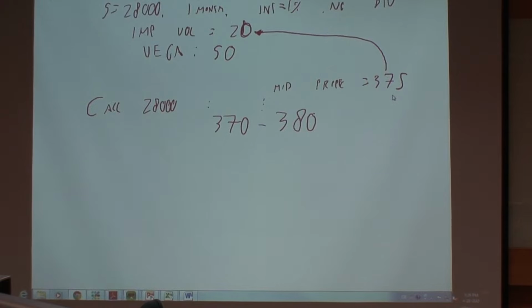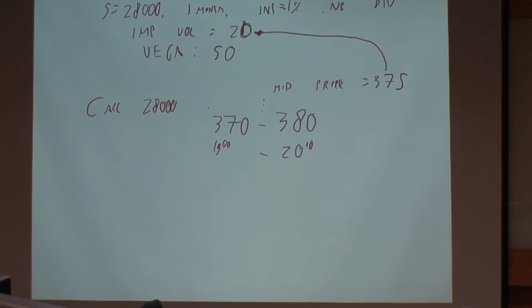A tenth. Exactly. So it's a tenth lower. Yes. So the bid volatility is actually 19.90, ask volatility 20.10. Agreed?